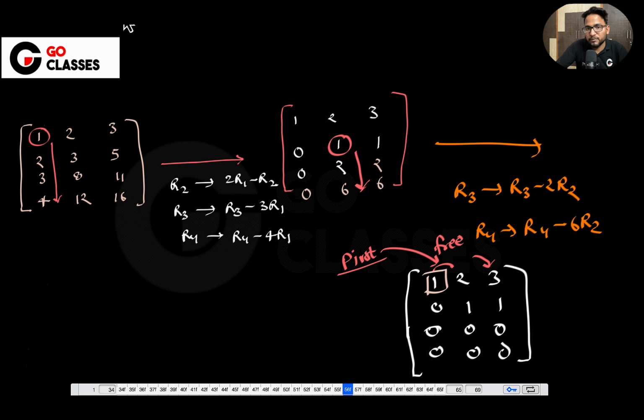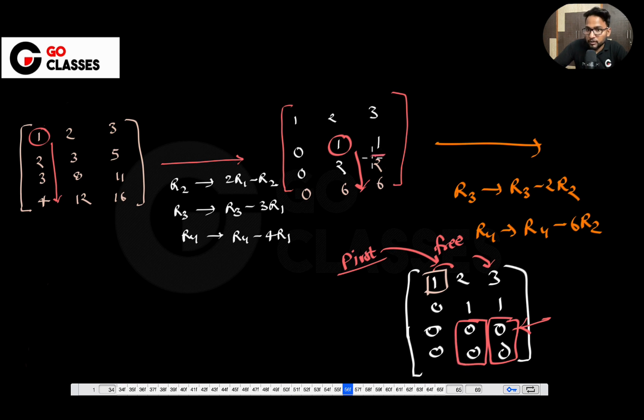Maybe I can give you a simpler example with two vectors only, but for now just focus on this. The moment you make these two zero, then automatically these two are becoming zero. That's why you cannot have any pivot here.